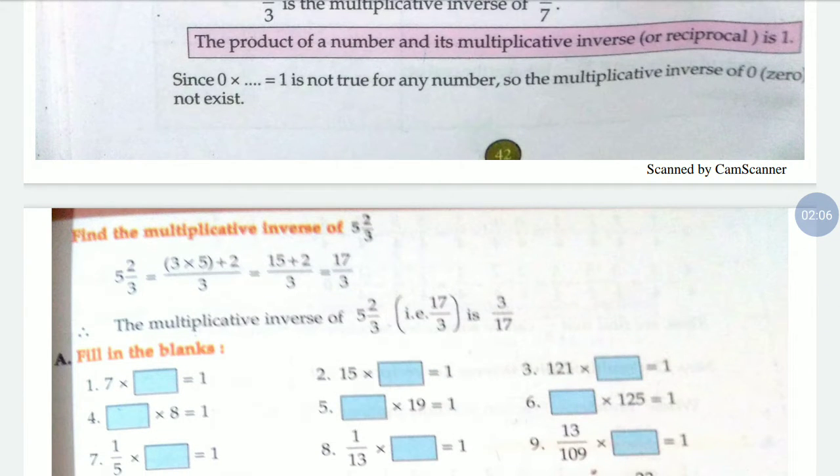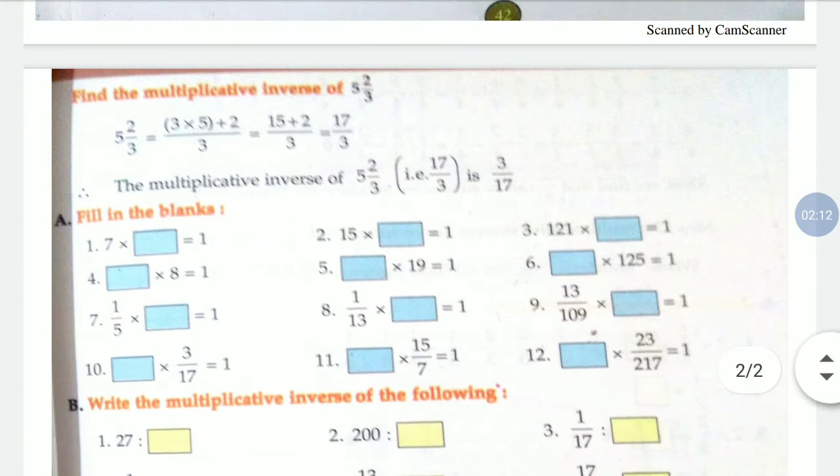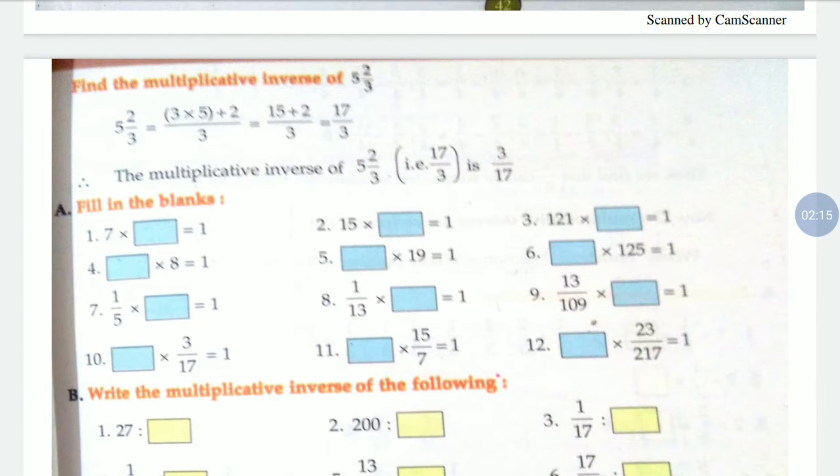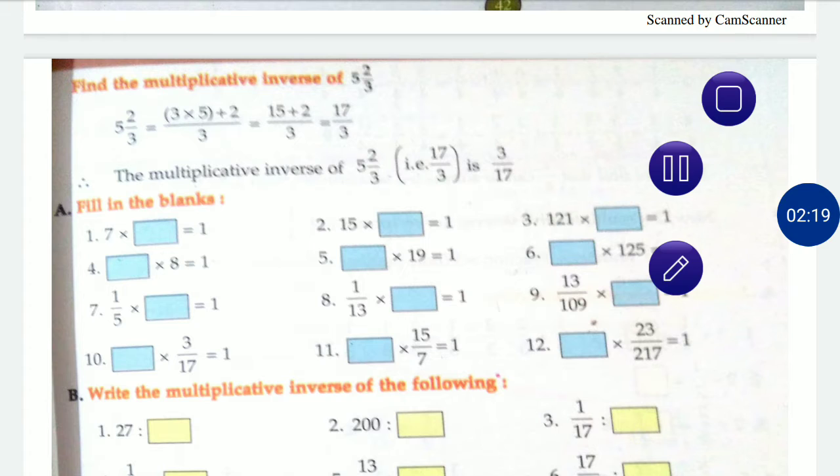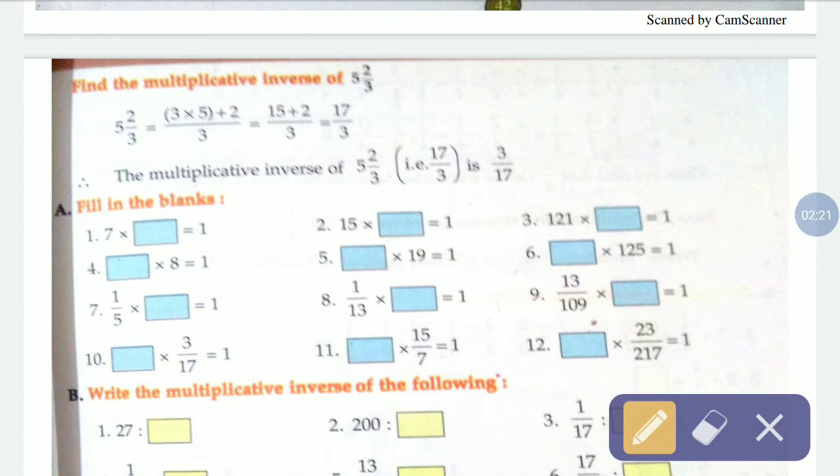Now, if there is a mixed fraction, how do we find its multiplicative inverse? If it is a mixed fraction, then we are unable to find its inverse directly. So first of all, we have to convert it into an improper fraction, and then we can find its multiplicative inverse.